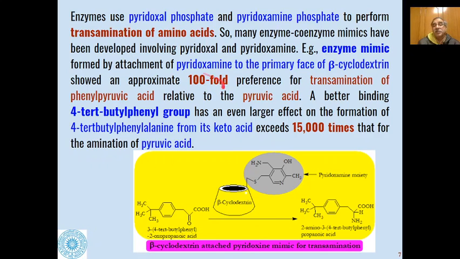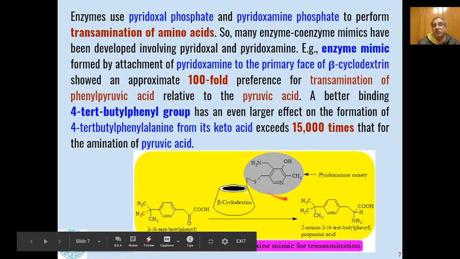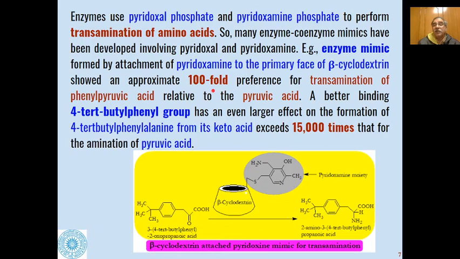When this pyridoxamine moiety in combination with beta cyclodextrin is used as a mimic, that reaction is approximately 100 fold faster than under normal circumstances for the transamination of phenyl pyruvic acid relative to pyruvic acid.